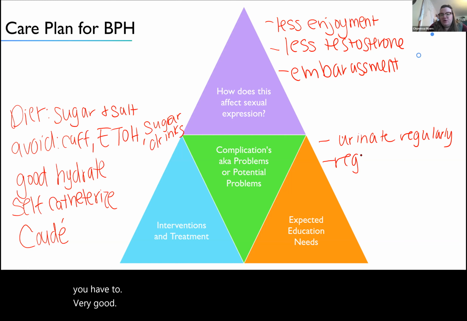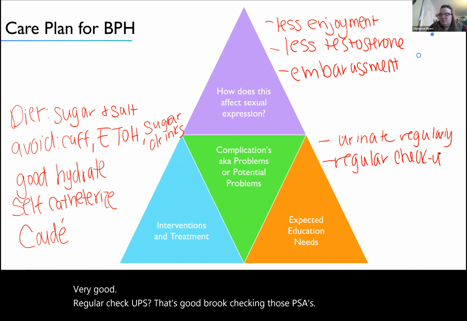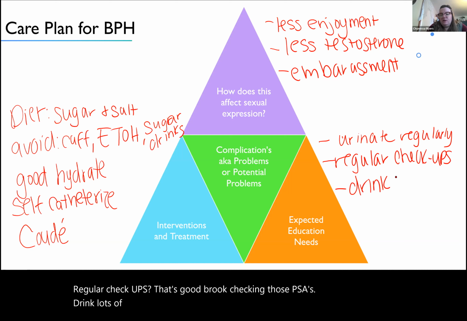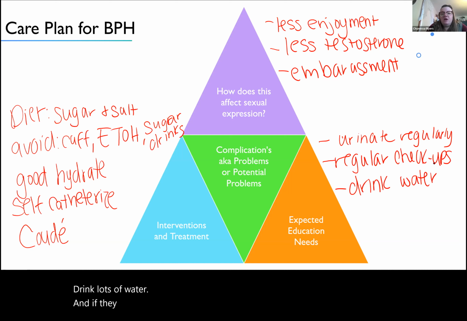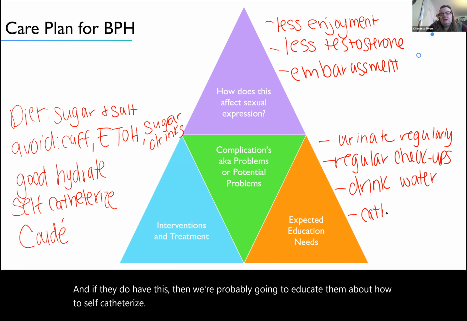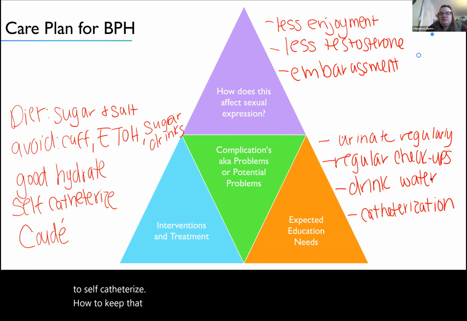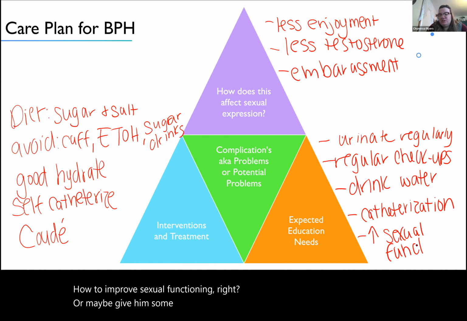Regular checkups. That's good, Brooke. Checking those PSAs. Drink lots of water. And if they do have this, then we're probably going to educate them about how to self-catheterize, how to keep that bladder empty, how to improve sexual functioning, right? Or maybe give them some alternative options they could do. Good.